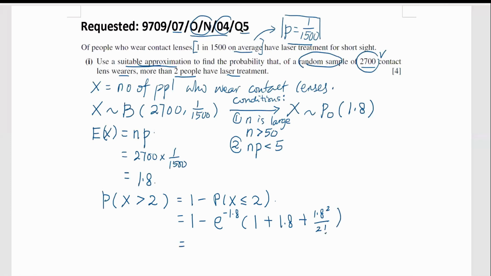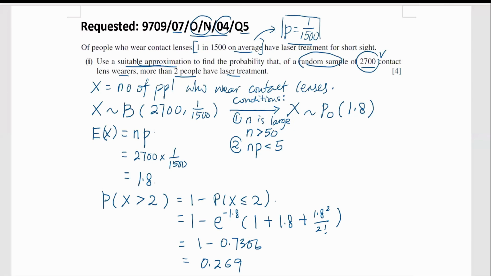Using the calculator, we get 1 minus 0.7306, and hence the probability we want is 0.269. That is the answer for part 1.